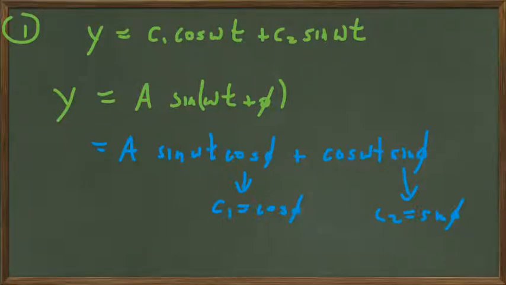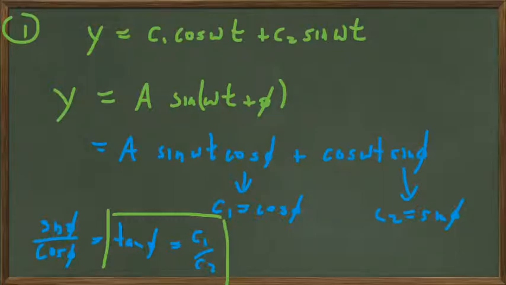So if we take that information and put sine of phi over cosine of phi, which is tangent of phi, we see that is c1 over c2, and so that is one of our requirements, that c1 over c2 is related to phi in this way.